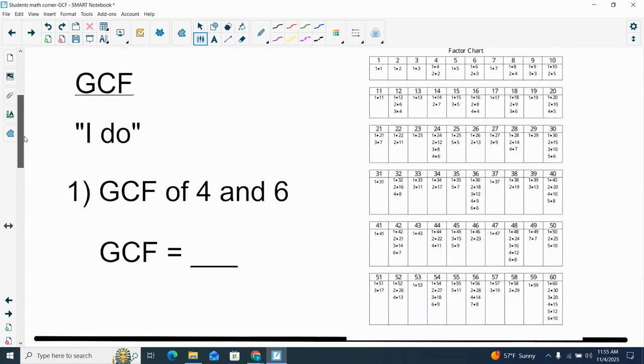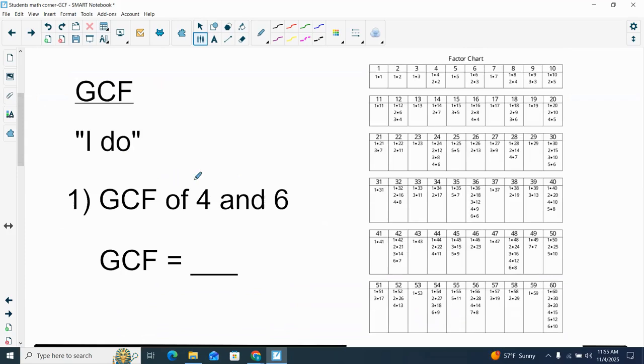So if I wanted to find the greatest common factor of 4 and 6, I would use my factor chart. And if you want a factor chart like this, feel free to check the description because I've put a link to it. So I'm going to look for 4. There it is. And I'm going to look for 6 right there. So I'm going to write out the numbers that they have in common. They both have a 1.